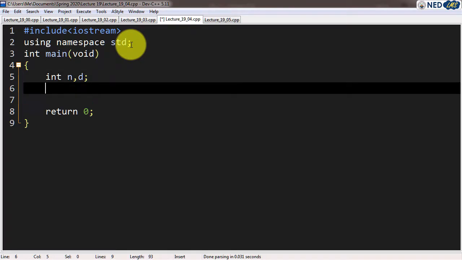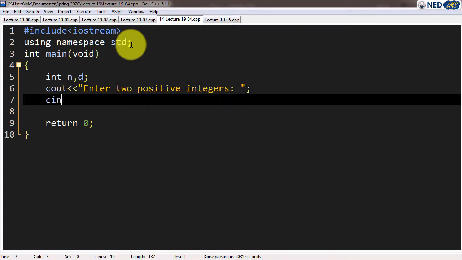I'm going to write a cout statement saying enter two positive integers, because I'm going to use the remainder operator. I'm going to take the input: the first input goes to n and the second input goes to d. This is the assignment taking input from the user.